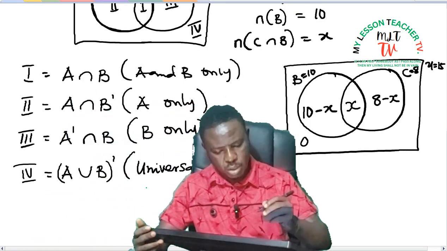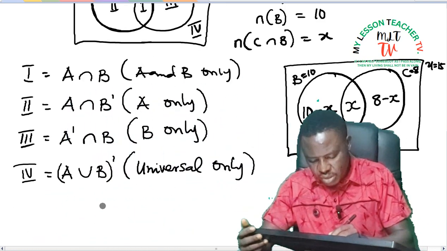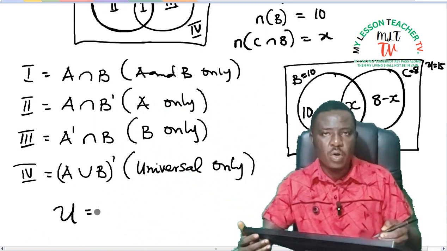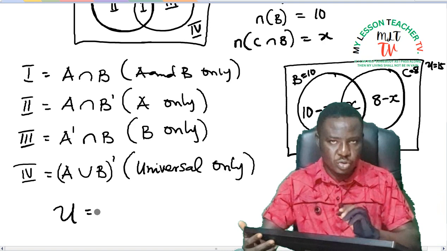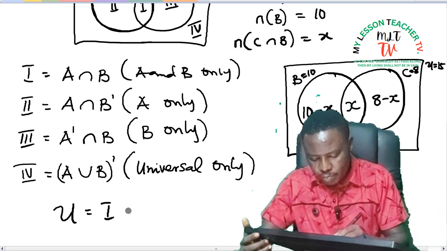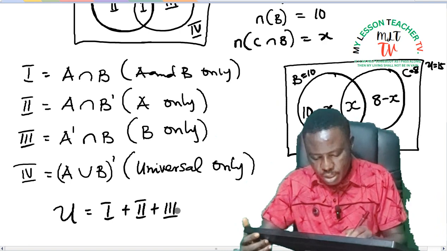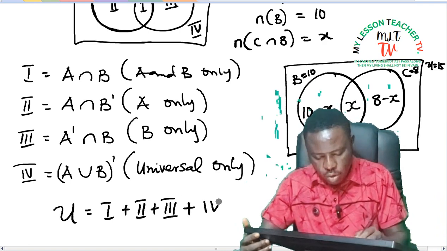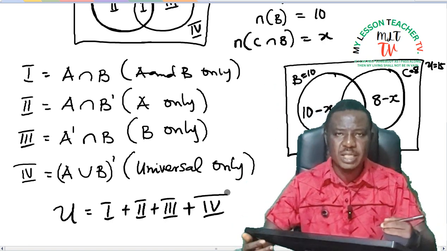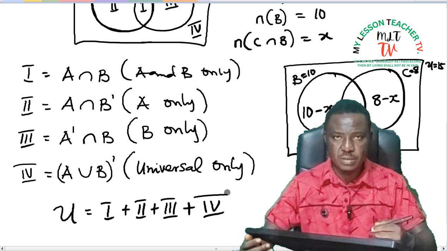The universal set comprises all the elements taken into consideration. So the universal set is equal to region 1 plus region 2 plus region 3 plus region 4. When you add up all the elements in these regions, it gives you the universal set.